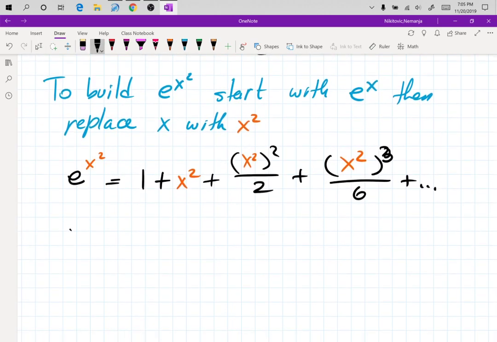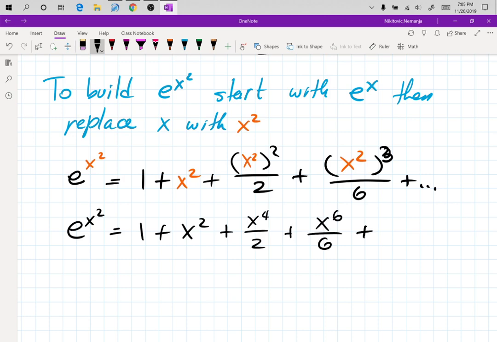That gives me that e to the x squared is equal to 1 plus x squared plus x to the 4th over 2 plus x to the 6th over 6 plus dot, dot, dot going on.